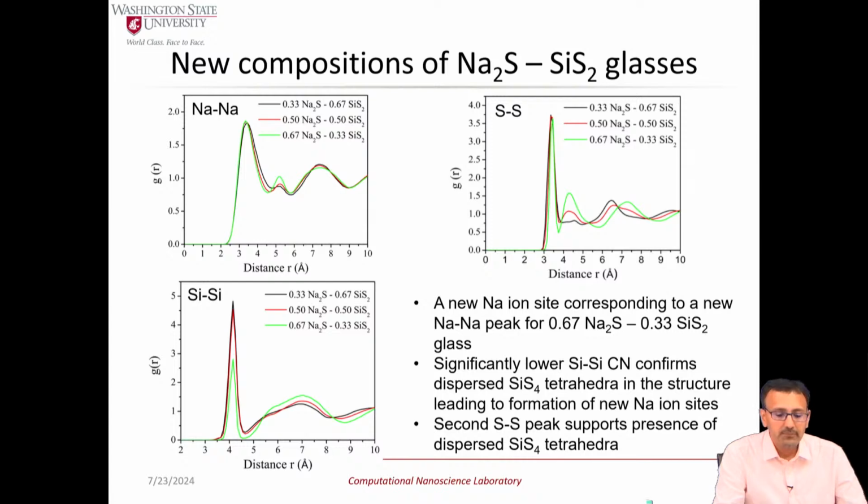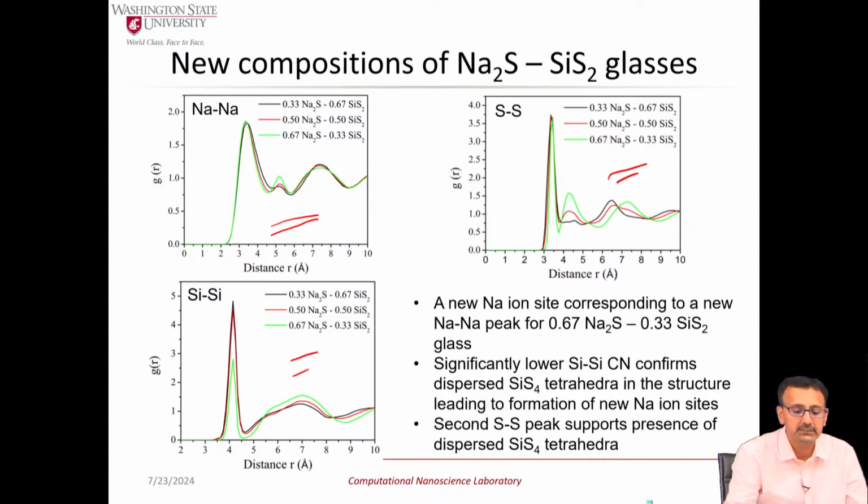So, we tried to understand what happens to the structure of these systems as we increase the sodium sulfide concentration. We captured that through various pair distribution functions: sodium-sodium, sulfur-sulfur, and silicon.